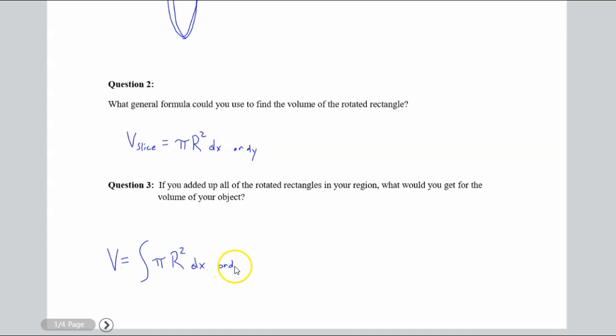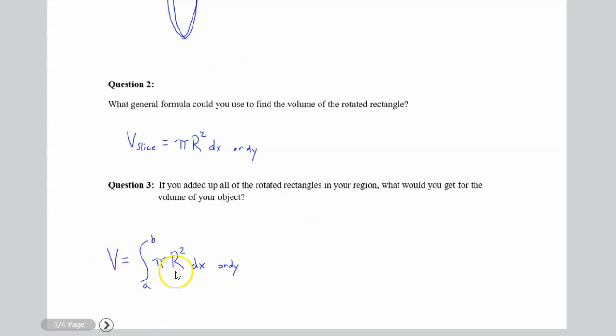Remember, adding up a bunch of small things over a whole area is what we do with these integrals. There'll be some starting and stopping place, some bounds a to b. But that's the general idea: we're going to add up all these small discs and then see what the total volume is.